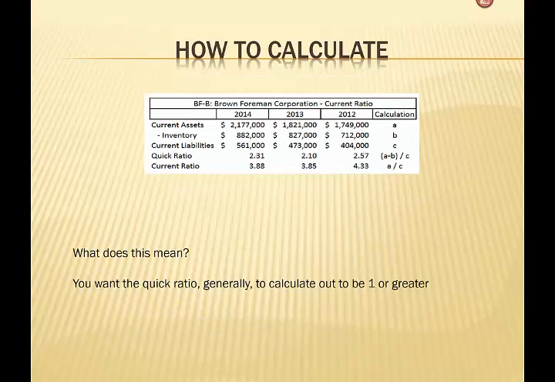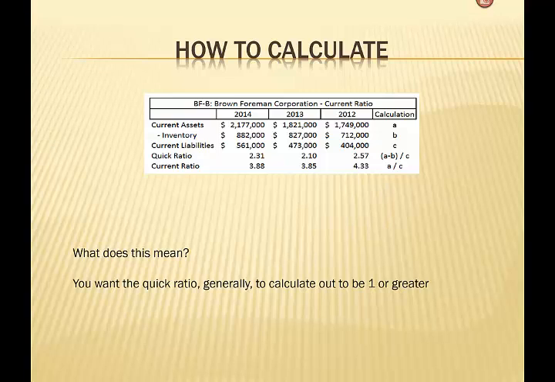Okay, so let's take a look at Brown-Forman. Our current assets in 2014, again, is the same number, $2,177,000, and the current liabilities is $561,000. However, the inventory is $882,000. So we're taking $2,177,000, we're going to subtract from that $882,000, and then we will divide by $561,000.